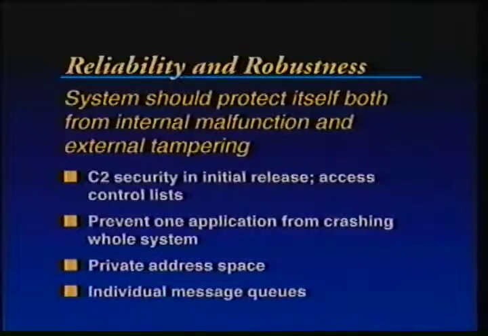So Microsoft has built in several different mechanisms to keep the system up and running all the time. One method is through adding the security which I talked about, where you have to have a username and password to get into the system, and then you can have access control lists applied not just to files and directories, but also to applications and other operating system functions.